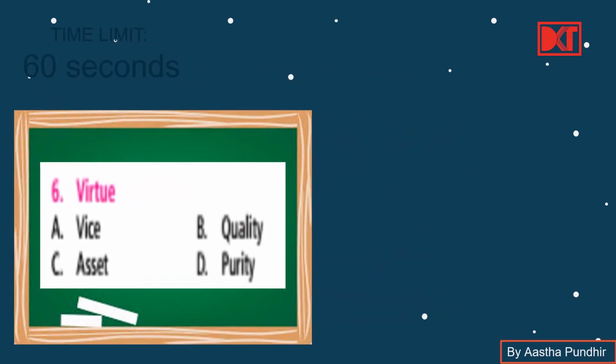Alright, now the next up we have virtue. Here the options are vice, quality, asset and purity. Now the word which is opposite to virtue is vice. Now you must have heard about these two together, virtue and vice.